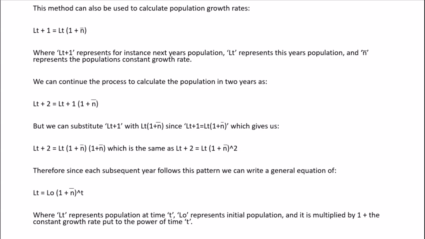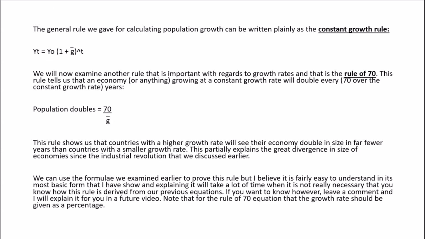So, talking specifically about population, as we've said, LT is equal to population at a given time. We're just saying now that the variable at this time is equal to the variable at the initial time multiplied by 1 plus the constant growth rate put to the power of the time you're looking at.